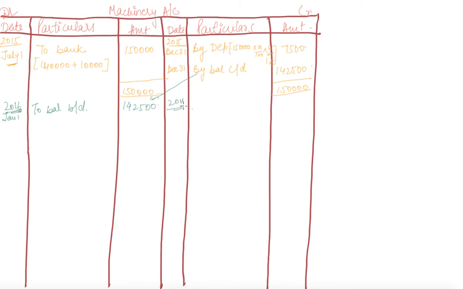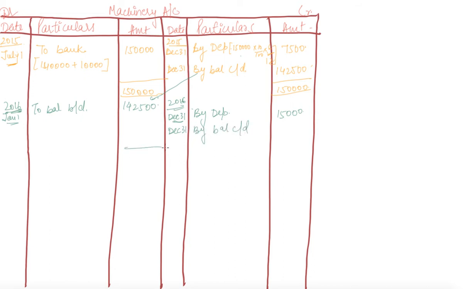In 2016, on the last date, we are required to calculate the depreciation on December 31st. Our depreciation will be by depreciation, and here we are required to calculate from 1st January to 31st December, meaning for a complete 12 months. So the depreciation will be 1,50,000 into 10%, which is 15,000, right? So our balance c/d on December 31st will be by balance c/d.